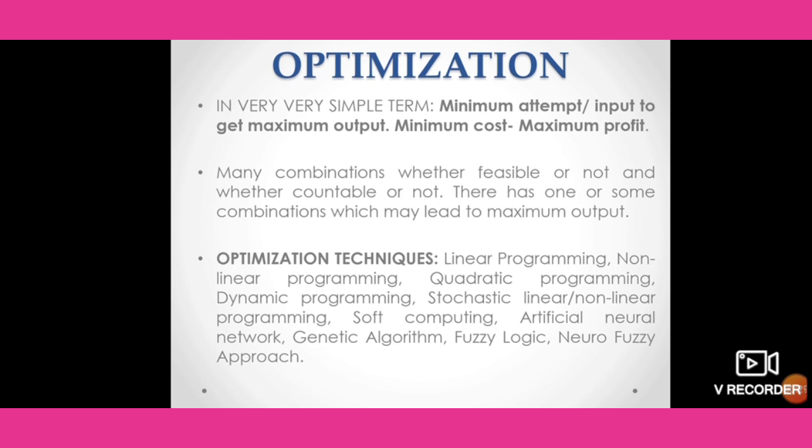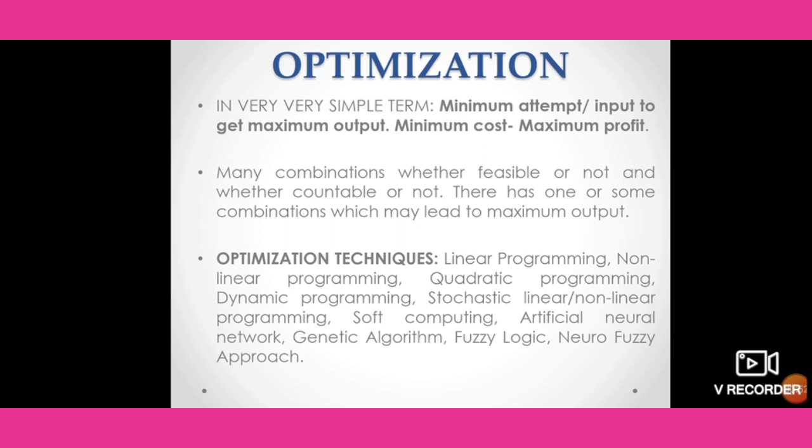In very simple terms, it means minimum input and maximum output. We will frame the input and output, or put in our efforts, in such a manner that we get maximum output or maximum profit.